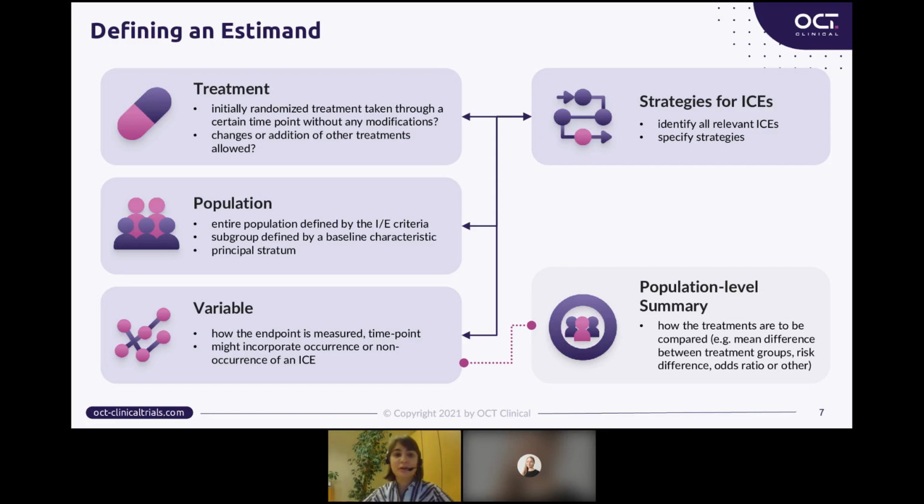The 5 elements of the estimand definition are interrelated, and specification of one element may influence the choice of the other. Population level summary should be appropriate for the chosen variable. The strategies chosen to account for the intercurrent event also need to align with the treatment, variable, and population attributes.